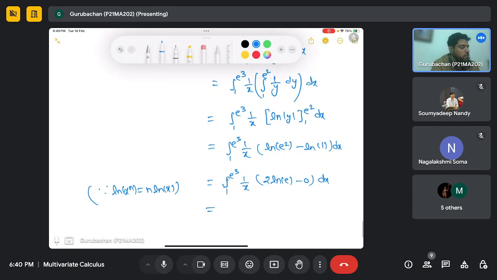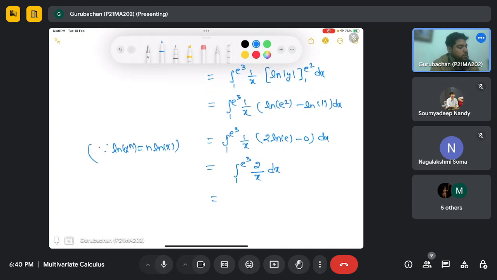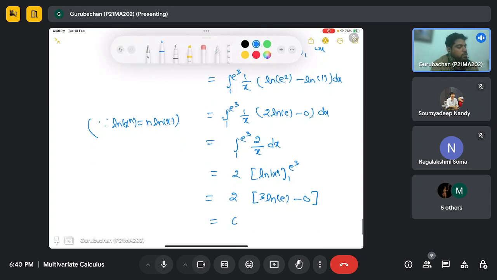So ln e is 1, so it will be 2 by x dx. This is 2 ln mod x from 1 to e cube. Again with the same argument, you will get 3 times ln e minus 0, and this will give you the value 6. Okay, so someone has told the answer 6, so it is a correct answer.